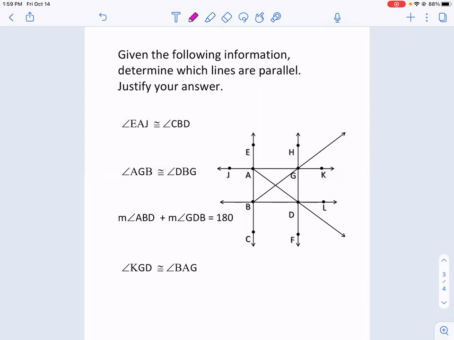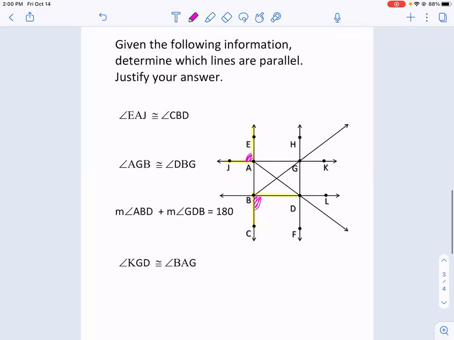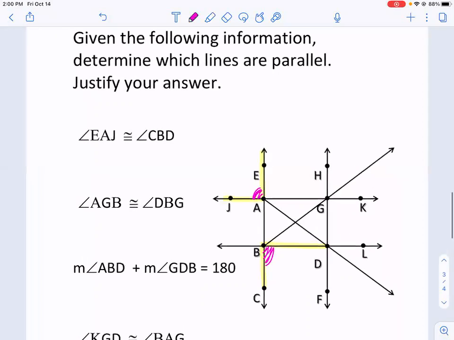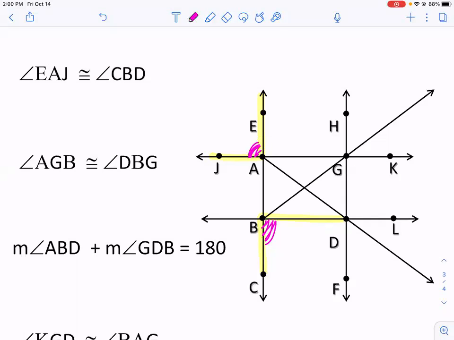On the diagram, it says that angle EAJ is congruent to angle CBD. So this and this are congruent. What is that going to mean? We have alternate exterior angles.